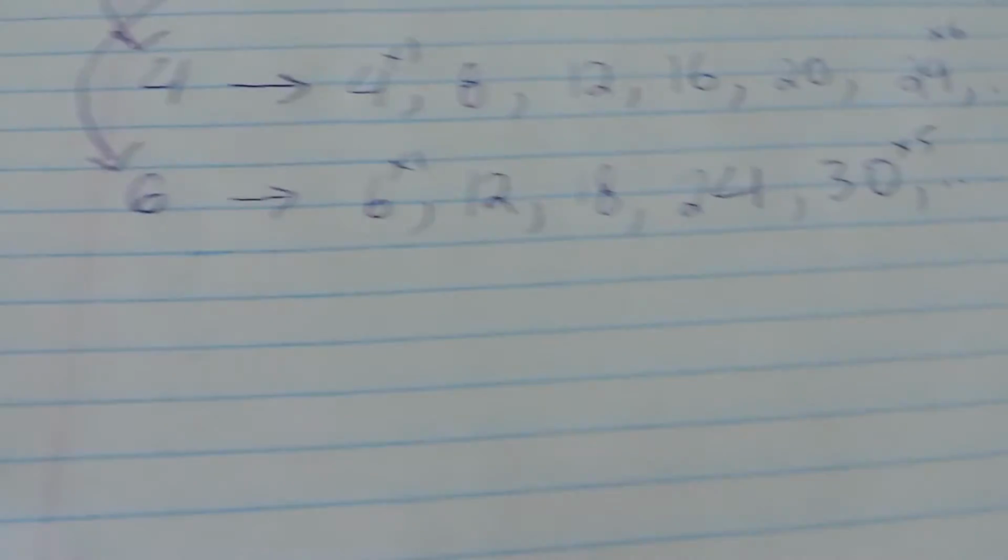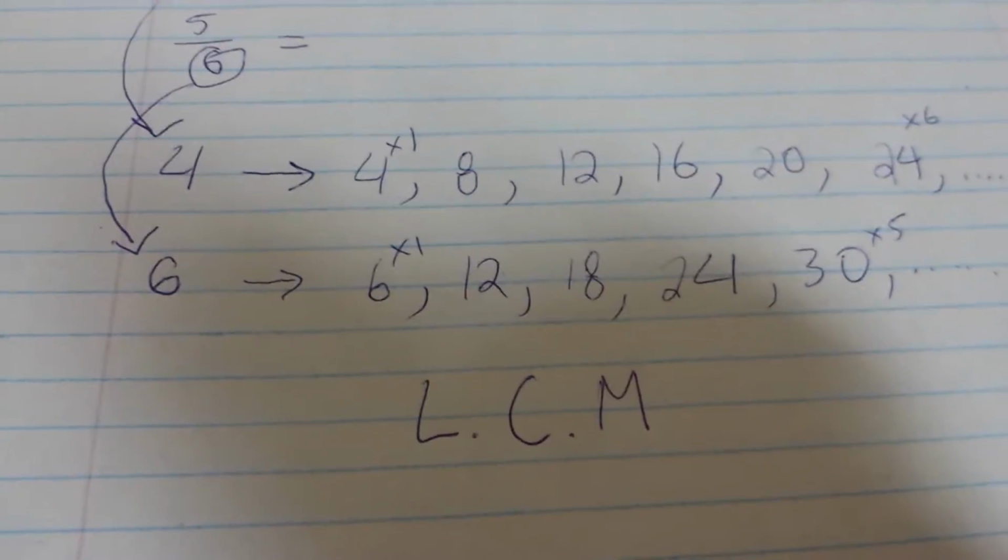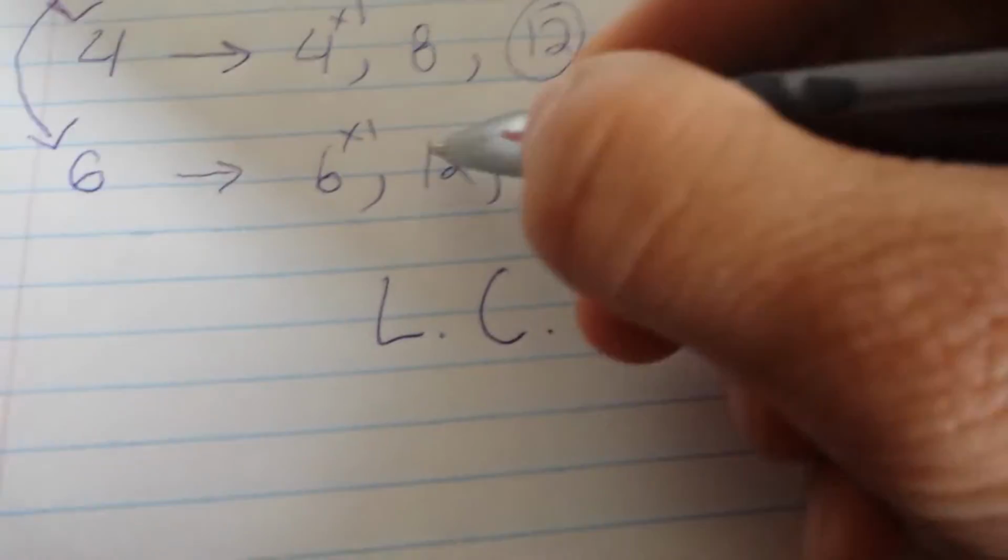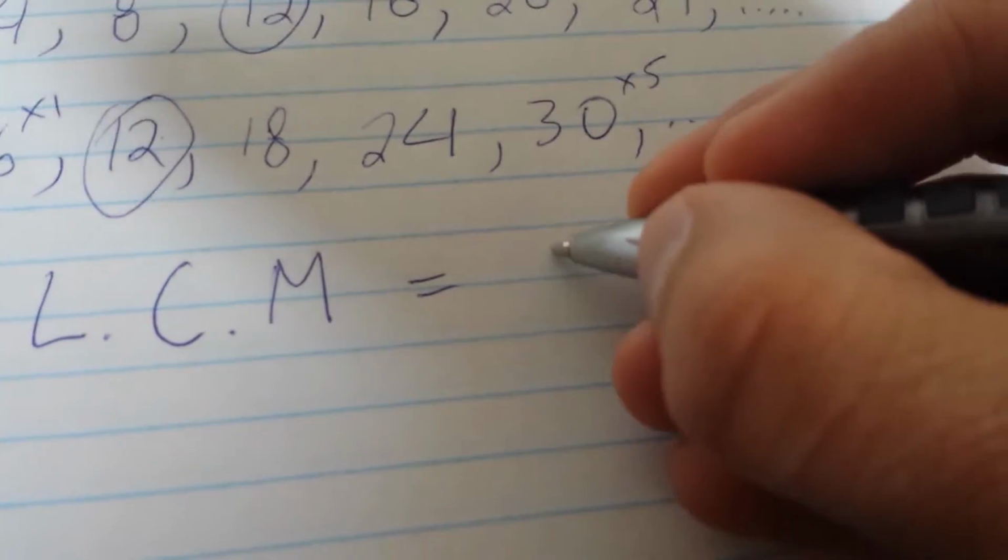Now, we want to find the lowest common multiple between 4 and 6. So that is obviously the lowest number. So the lowest number in common between 4 and 6 in the lists is obviously the 12, right? So the lowest common multiple will be 12.